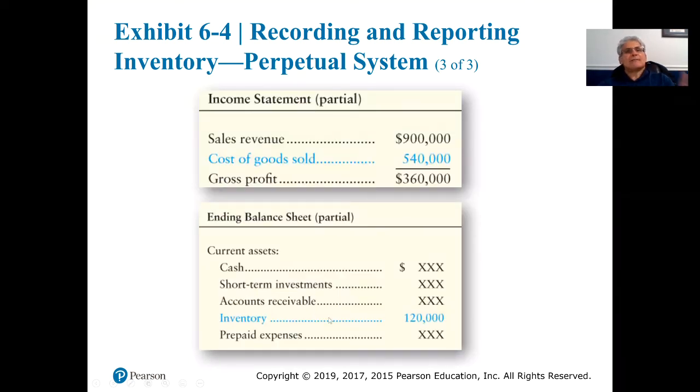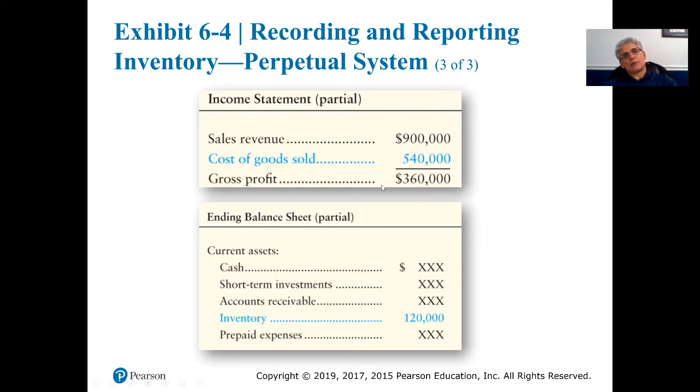If that's all we have in play, if this was for an entire period, let's say a month or even a year, depending on the size of the company, then you would expect to see on the income statement, and this is just showing a partial, the sales revenue less the cost of goods sold of 540.